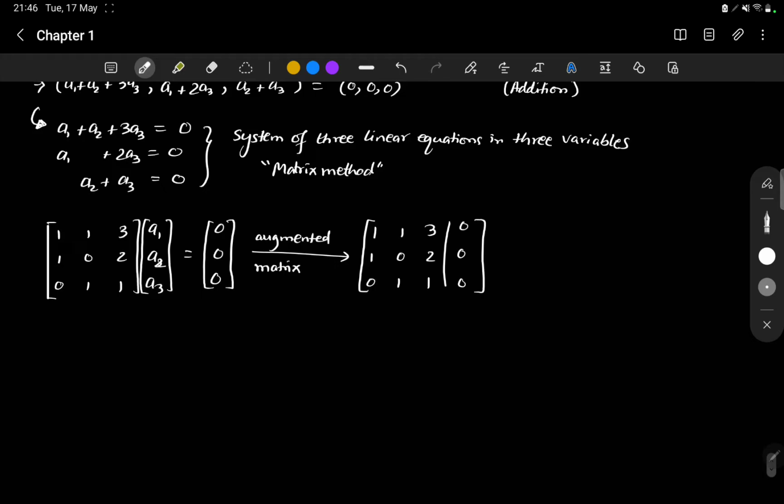So the first row operation that we will apply is row 2 goes to row 2 minus row 1. What is this going to give us? Row 1 is as it is, row 2 is row 2 minus row 1, and row 3 is intact.